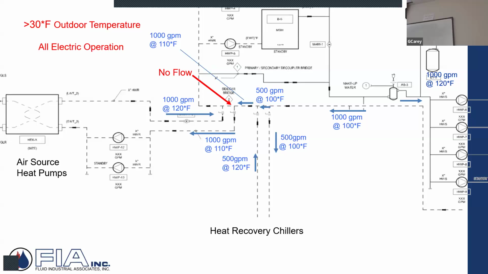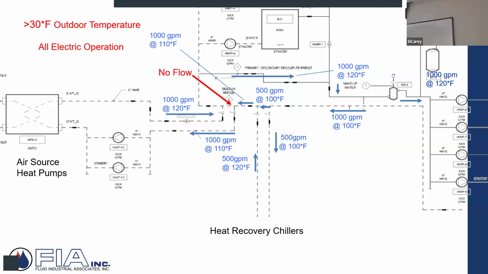I have a 10-degree rise across the air source heat pump, not 20, but a 10-degree, which is probably more common. So now I have 1,000 gallons a minute of 120, no flow across the common. And that's going to now go across that 1,000 gallons at 120, going across that decoupler out to my building.